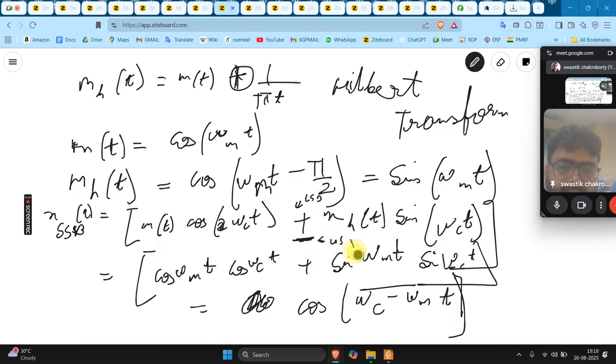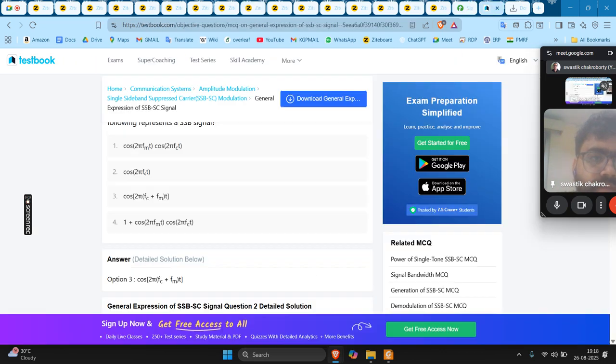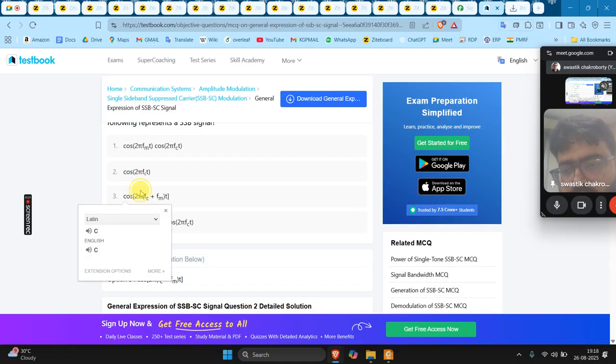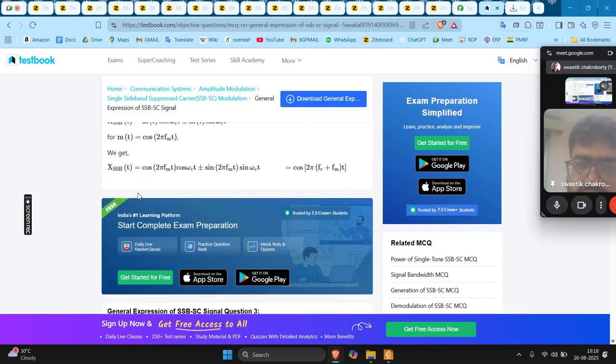If you take plus minus, you will have minus plus. So cos (omega c minus omega m) t and cos (omega c plus omega m) t are both valid SSB. One is upper sideband and one is lower sideband. That gives us the answer cos 2 pi (fc plus fm) t. So it is option 3.